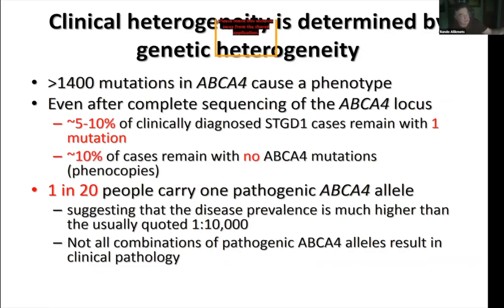You have over 1,400, now 1,500 mutations, and new ones are discovered all the time, that cause one or another form of Stargardt. And if the patient is clinically determined to have likely Stargardt, in about 10% of them we still cannot find the second mutation in the gene.